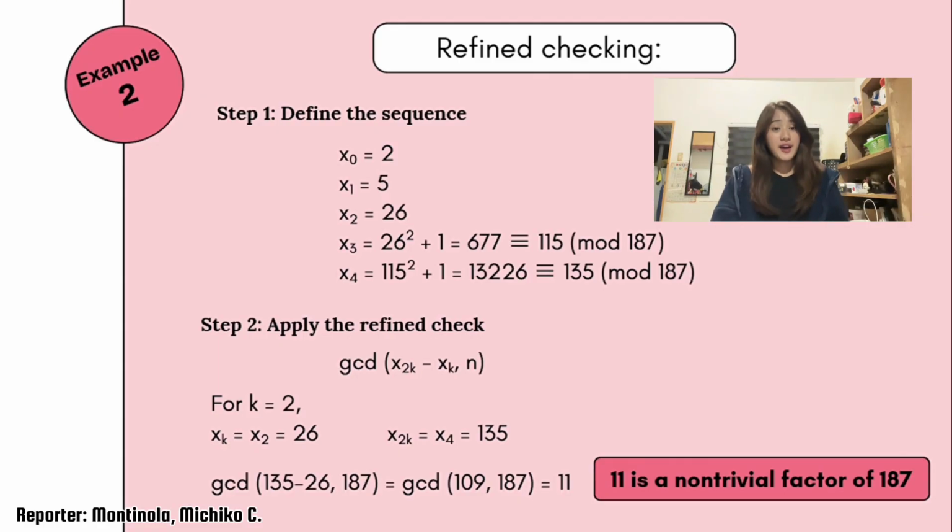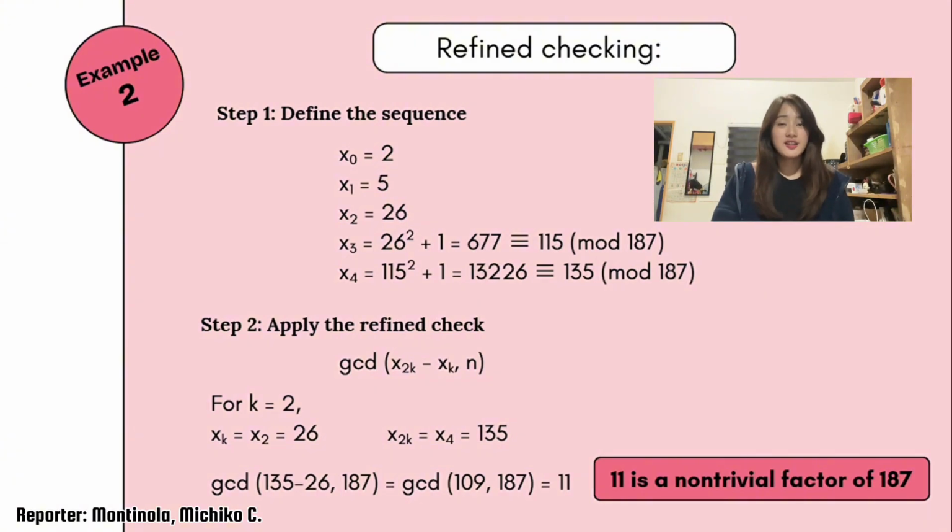And after defining our x sub k and x sub 2k, we can now proceed in getting the GCD. And of course, the GCD of 135 minus 26 and 187 will be equal to the GCD of 109 and 187. And of course, the same value as we did earlier is 11.